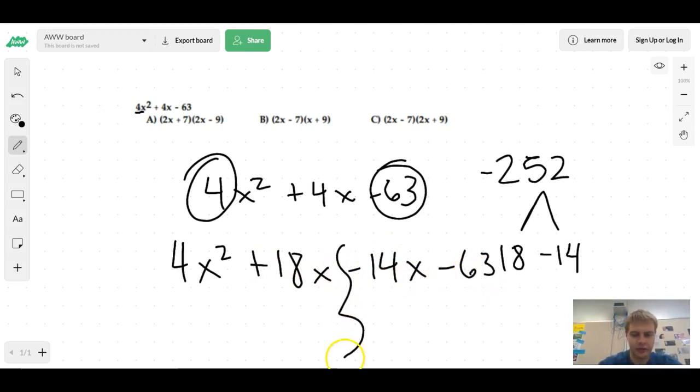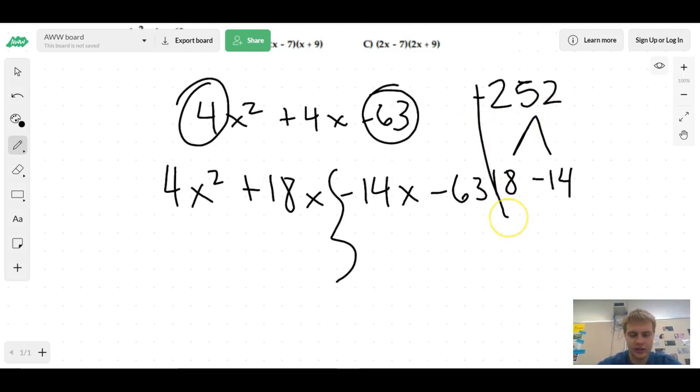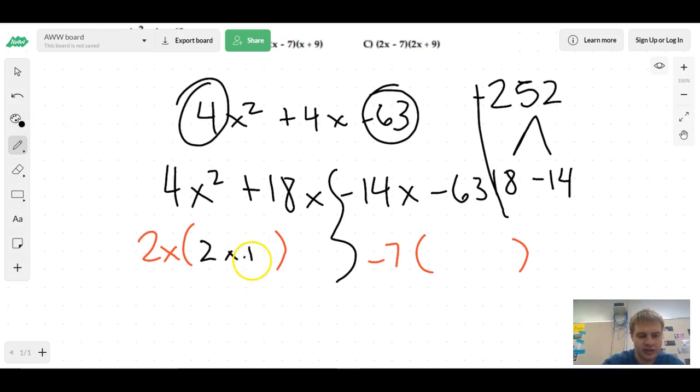Now again, because we have a 4-nomial, what we want to do is cut that in half. When I cut it in half, I want to divide out the same number in front, which would be 2x. I want to divide out the same number in the back, which in this case would be negative 7. What you would get on the inside here would be 2x plus 9, and what you would get on the inside here would be 2x plus 9.